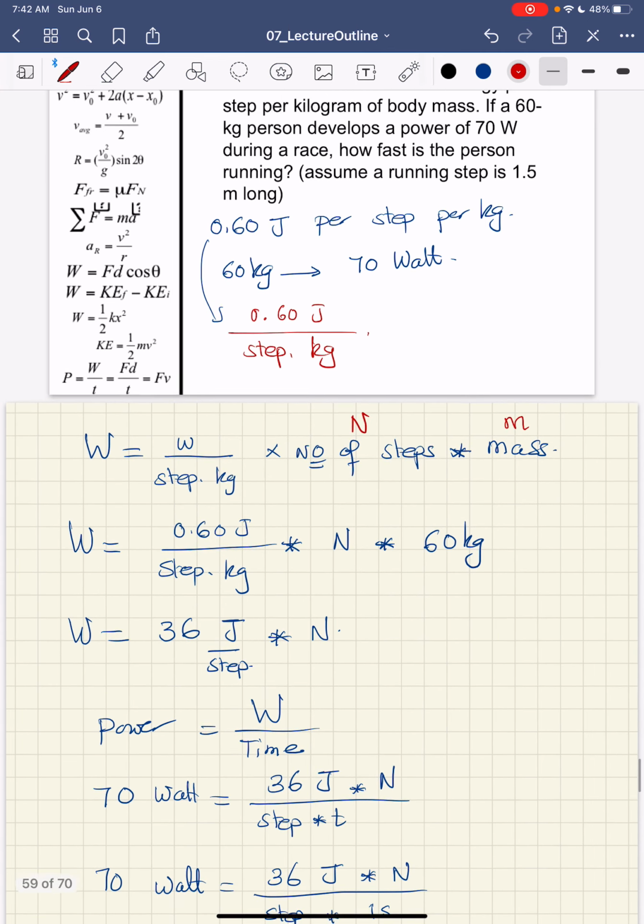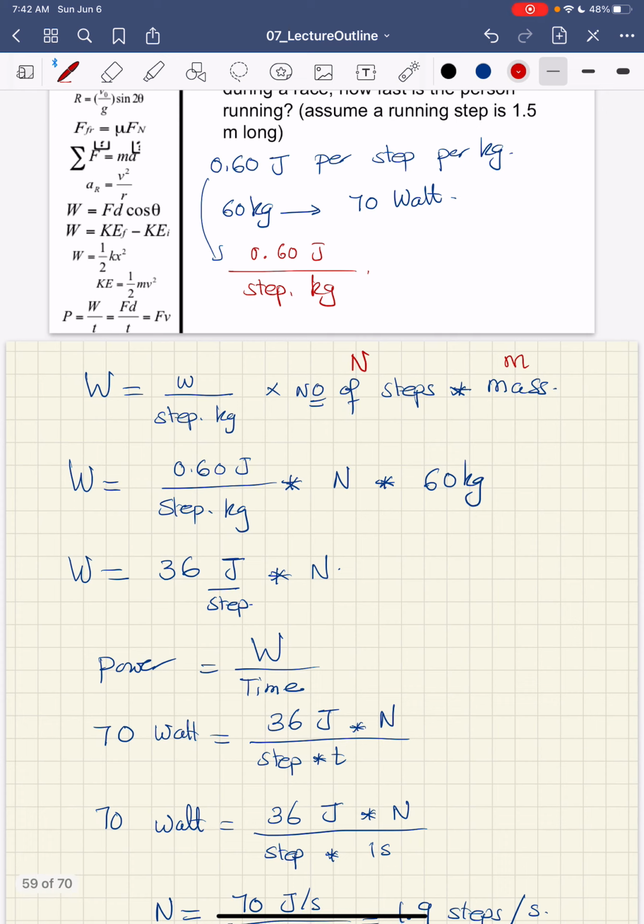To calculate the total work, I say 0.6, because it depends on how many steps I make and also on my mass. Then 0.6 joules divided by step times kilogram, times n, which is the number of steps I need to find, times 60 kilograms.